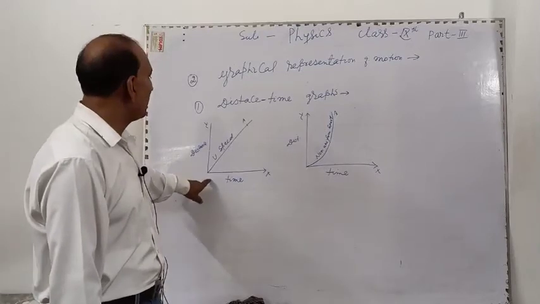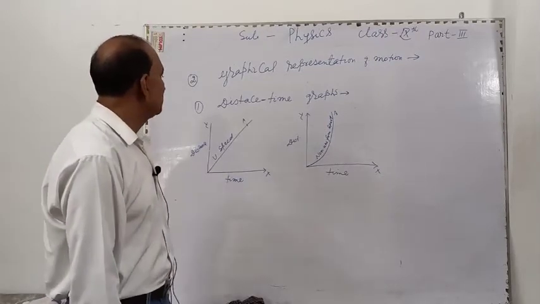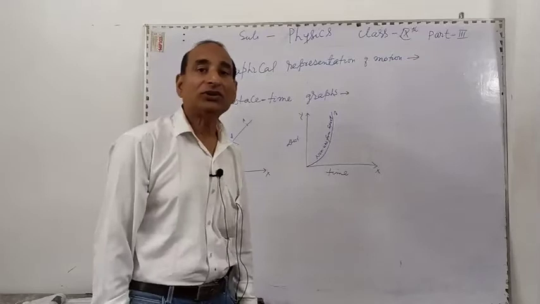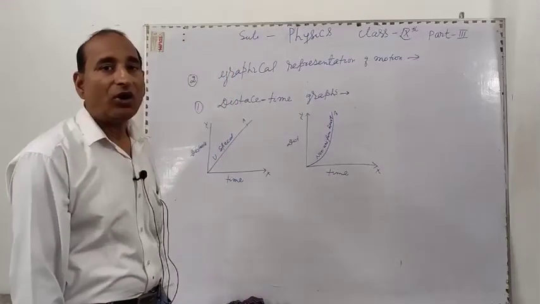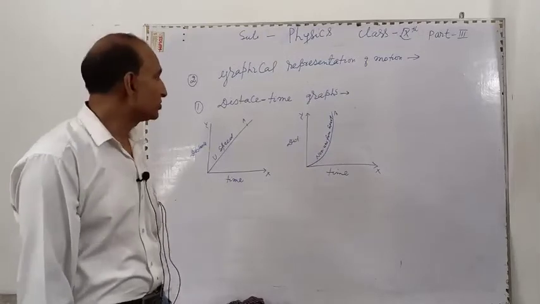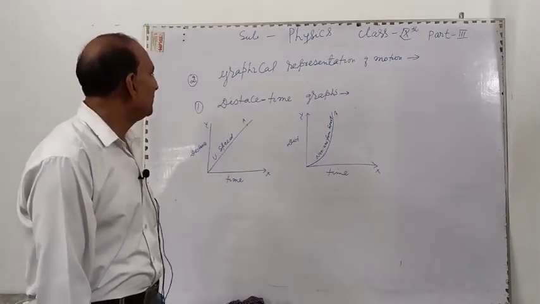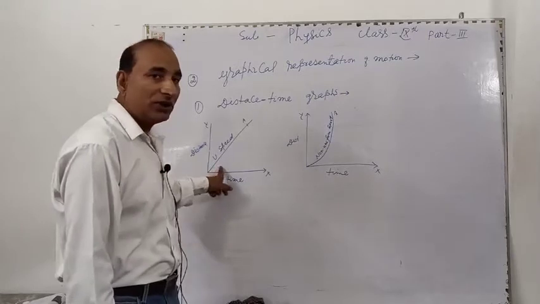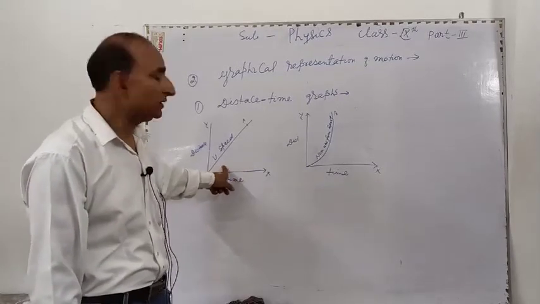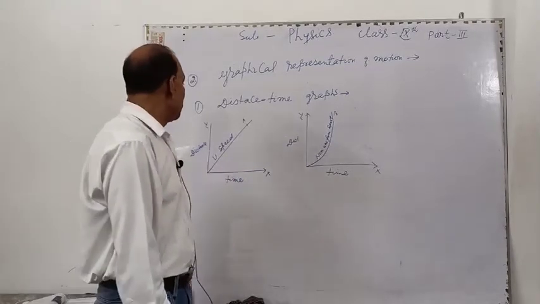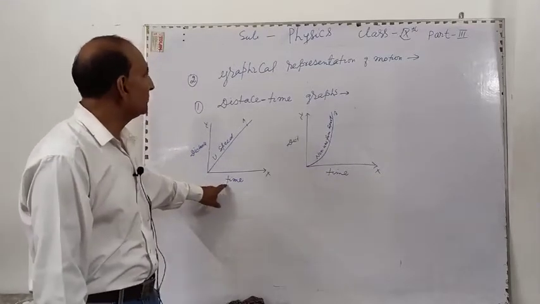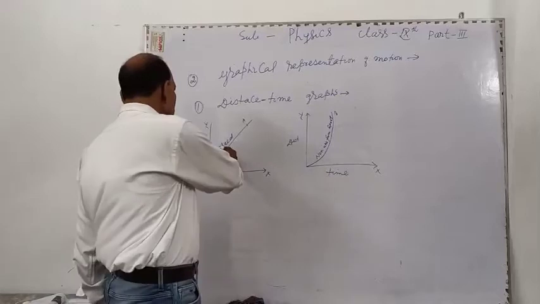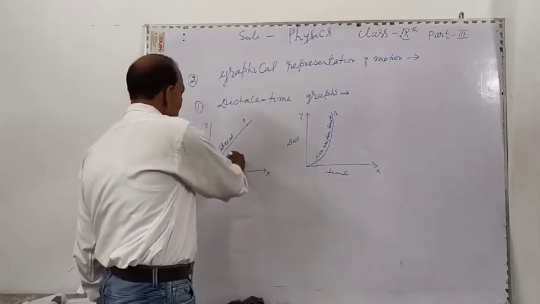And in uniform speed, the velocity, that is the speed of a moving object, is calculated by the slope of the graph, the distance time graph, which is theta.